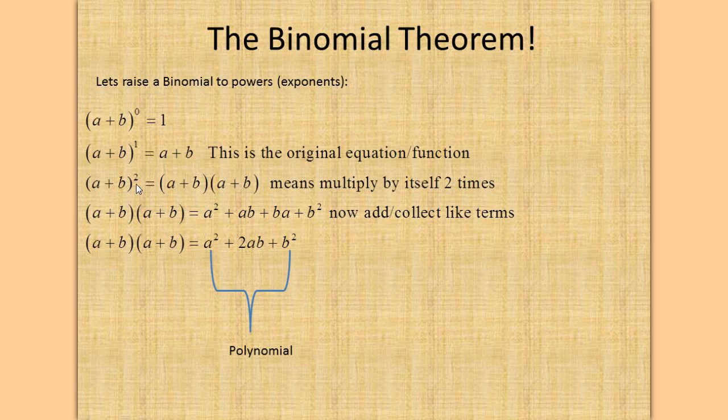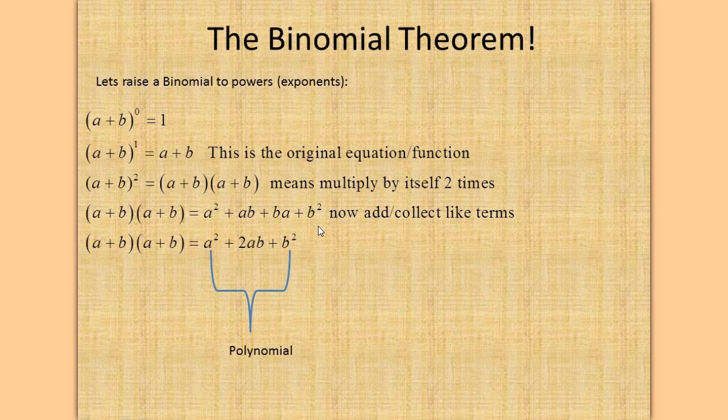A plus b squared is a plus b times a plus b, as we've done before. It means multiply by itself 2 times. A plus b times a plus b equals a squared, like we did before. A times a is a squared. A times b is a times b. B times a is b times a. And b times b is b squared.